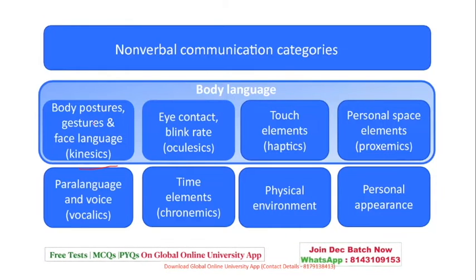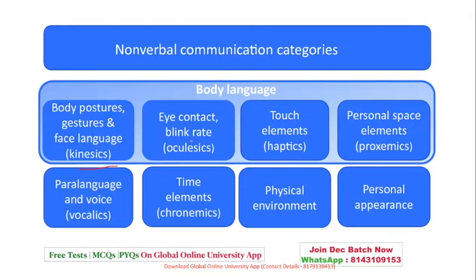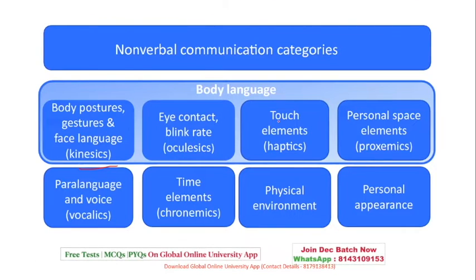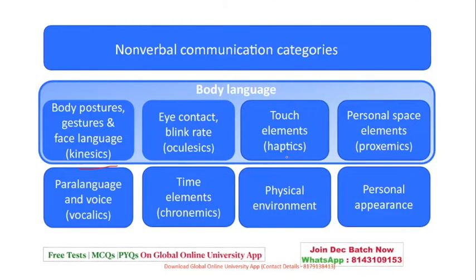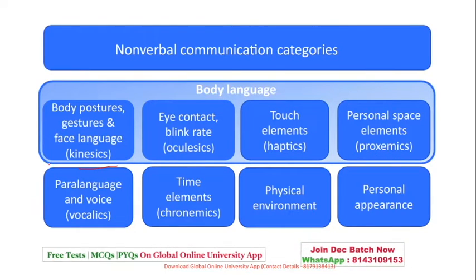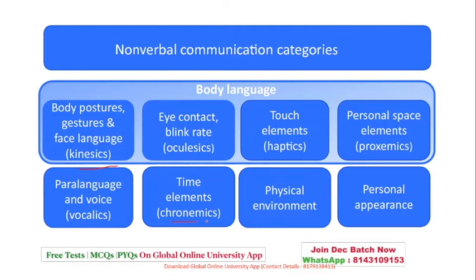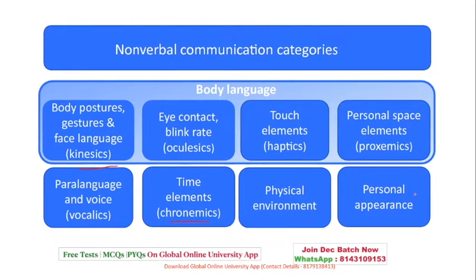Body gestures or postures are called kinesics, eye contact or blink rate is called oculesics, touch is called haptics, personal space is called proxemics, paralanguage and voice is called vocalics, time element is called chronemics, then physical environment and personal appearance.